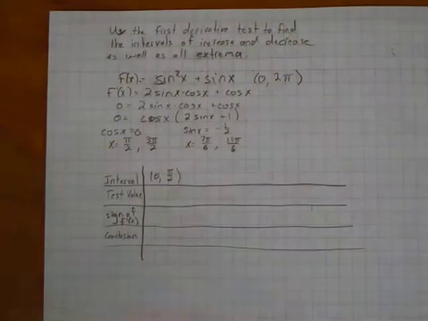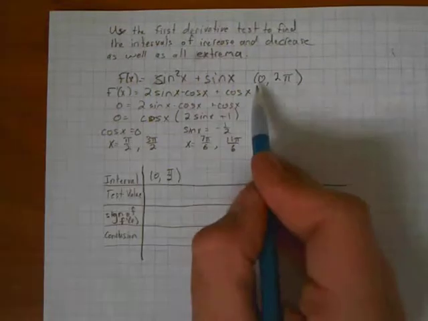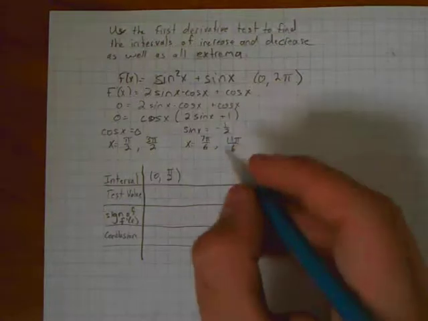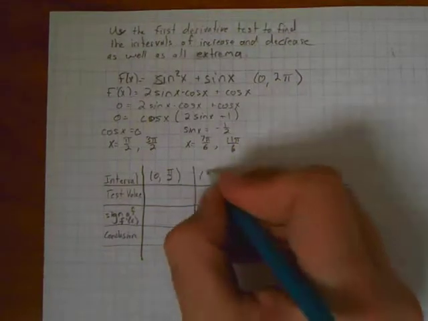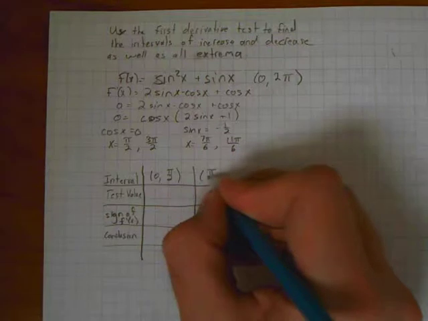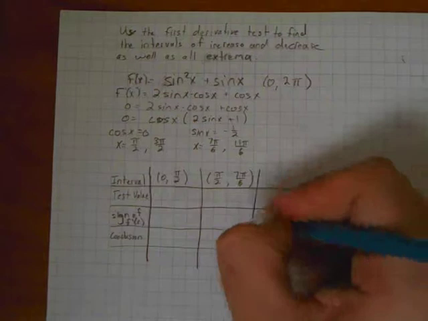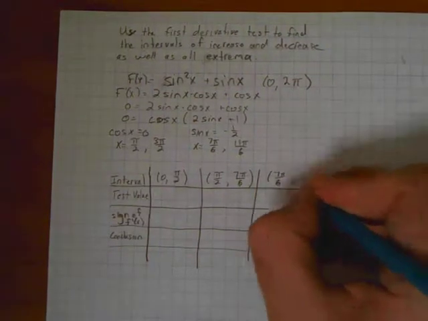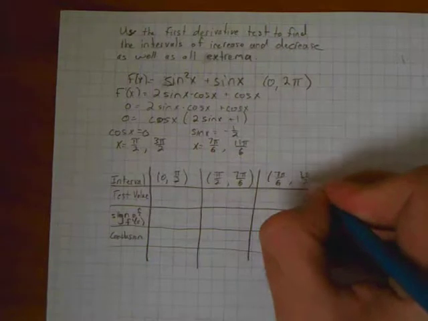So the first interval is 0 to pi over 2. Now you might ask, well, Mr. Stencil, why isn't it negative infinity to pi over 2? And the answer is because we start at 0. All right, that's our interval. So we're starting at 0 to pi over 2, which is our first. All right, our next biggest one is, I think, 3 pi over 2. No, I'm sorry, 7 pi over 6. So pi over 2 to 7 pi over 6. Then we have 7 pi over 6 to 3 pi over 2.